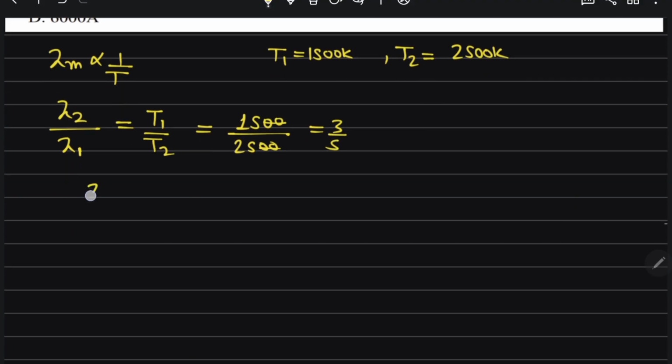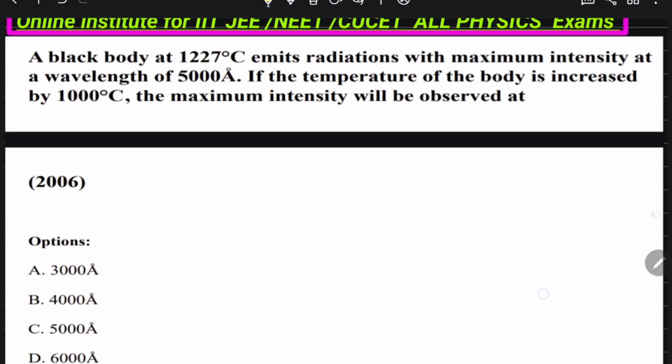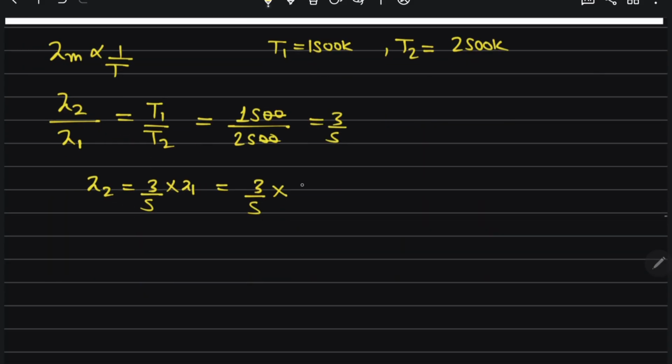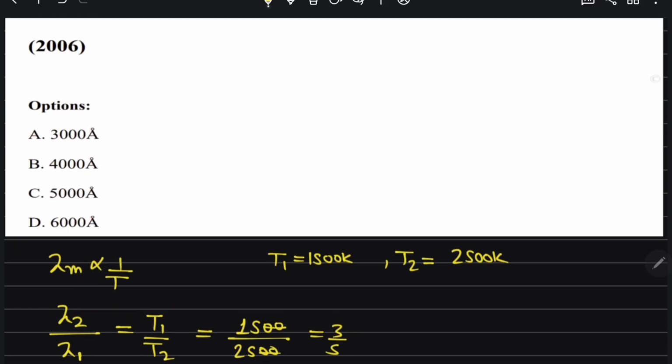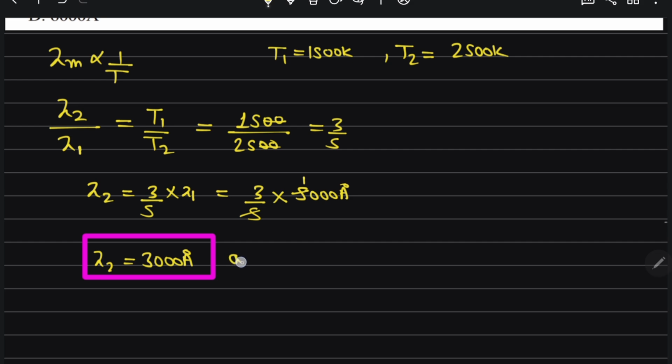Lambda 2 is 3 by 5 into lambda 1, with lambda 1 equal to 5000 angstrom. So lambda 2 comes out to be 3000 angstrom. Option A is correct.